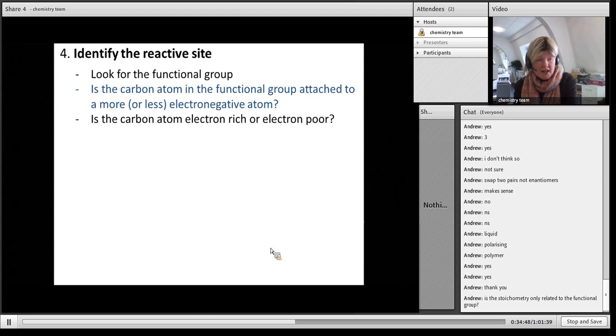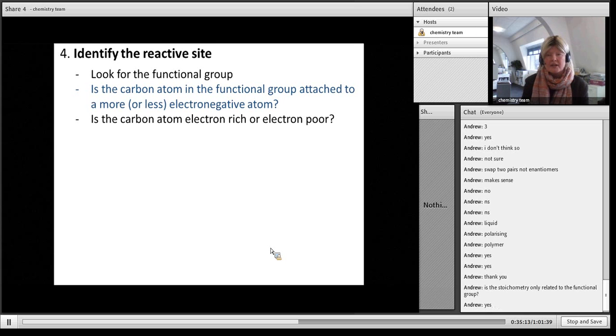In organic, we aren't that fussed over whether the equation is balanced or not. Although when you work out the recipe, in other words the method, you must make sure you add enough of the reactants. So in that way it's related to the functional group. Did I answer your question?